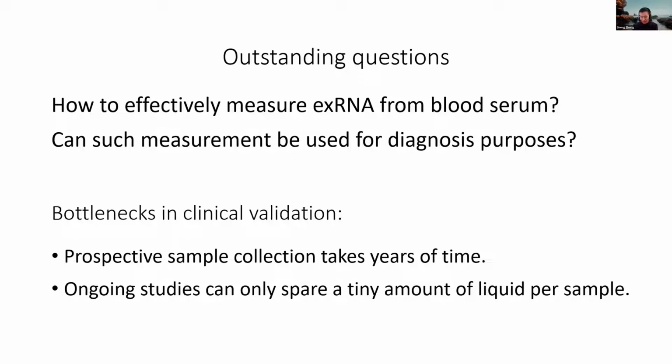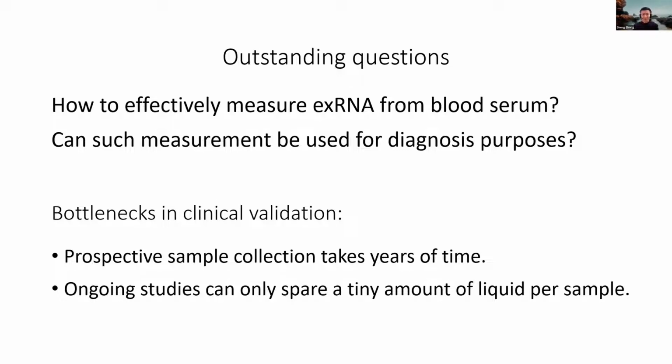At that time, we spoke with clinician friends, clinician colleagues, physician colleagues, and we asked what it takes to test another biomarker, a potential biomarker, in patient cohorts. We got a very consistent response.